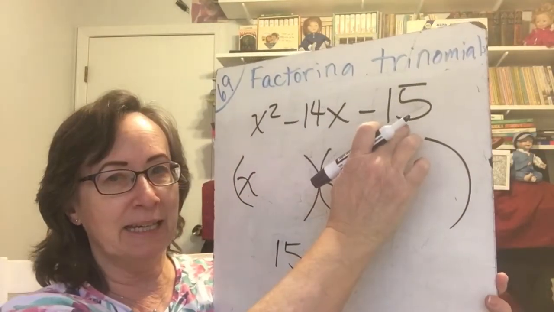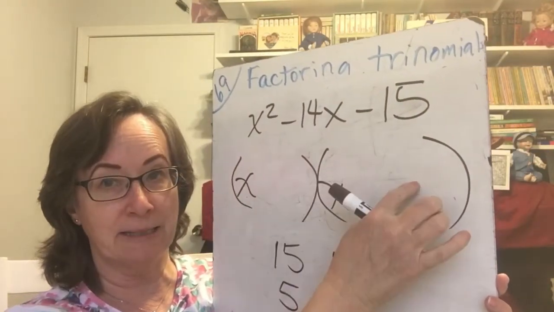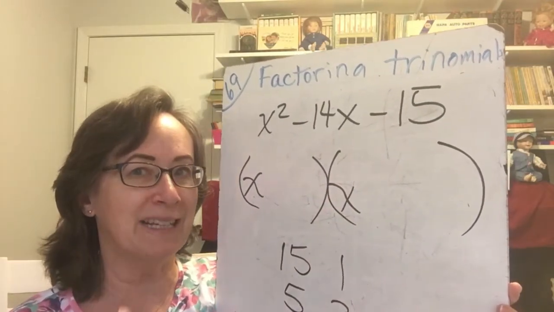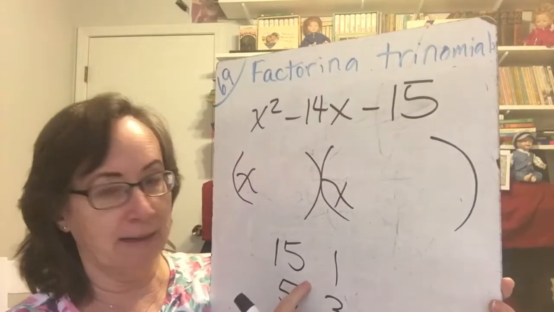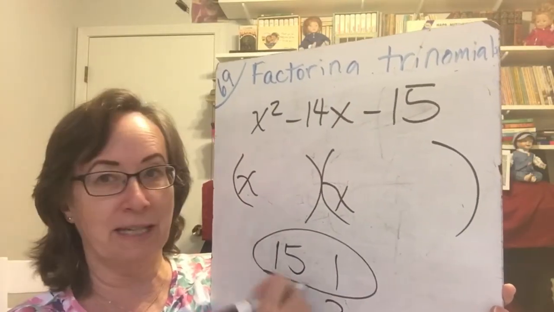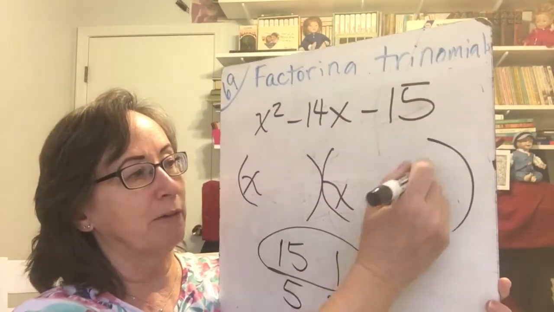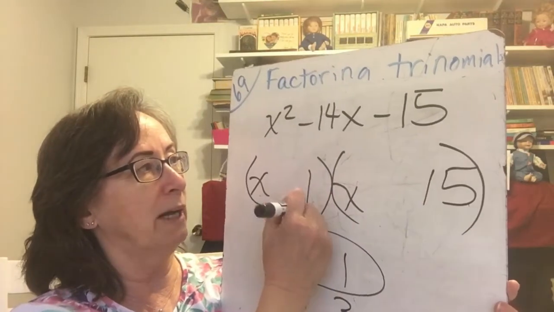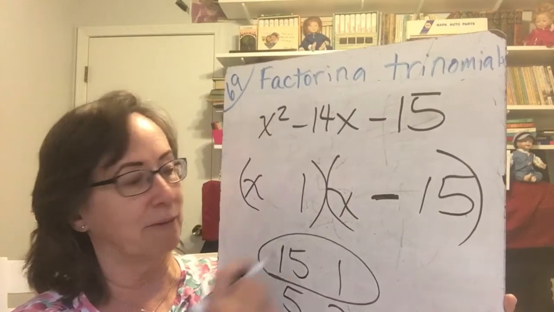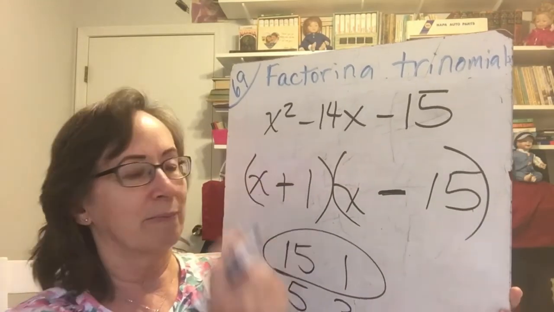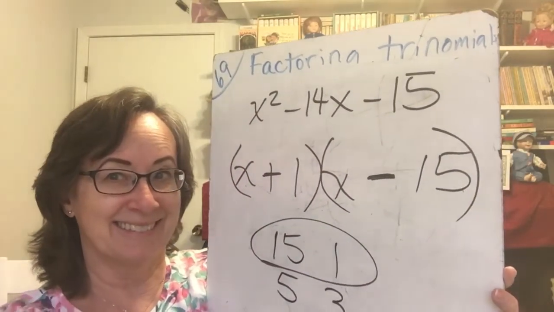Because it's negative, we have two opposite signs, which means we're looking for a difference as the middle term. A difference of 14 leaves us with the 15 and the 1, so we're going to put a 15 and a 1. Because this is negative, that means I'm going to let the negative sign go on the big number, and I'm done.